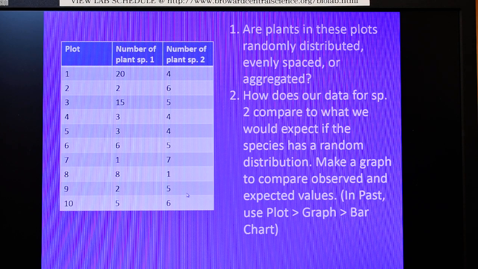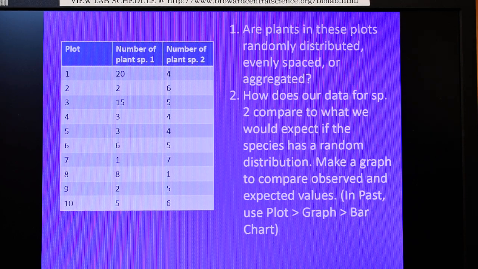So how is an ecologist or another type of biologist to describe these things? There are a couple of things that biologists are frequently interested in. One thing we often ask is, are plants in these plots randomly distributed? That's kind of random. You see that?